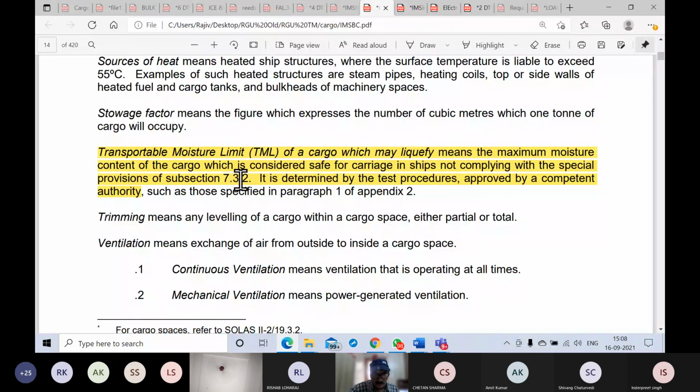Allowed moisture content for transport. Of course, it has to be determined by test procedures as approved by the competent authority. But this also comes as a declaration for cargoes which are classed to be susceptible to liquefaction. This has to accompany the MSTS, the transportable moisture limit. And obviously this is the maximum moisture content. So present moisture content should be lesser than TML if you have to accept it for transport.